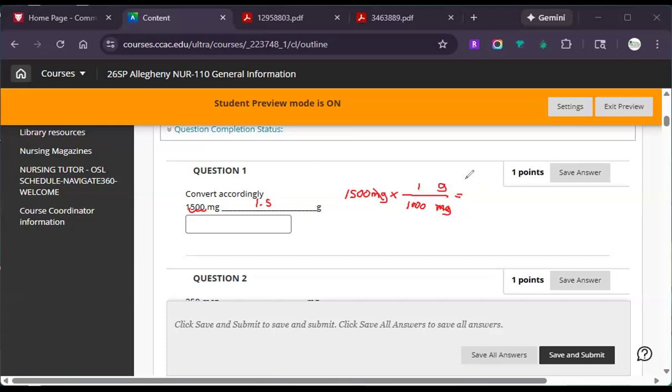So, 1500 divided by 1,000, and then I'm going to get 1.5. So I would put into the answer box here 1.5. Nothing else. Now, if you let it sit there a minute, it'll auto save. You can come back and change your answer, but just know it's going to auto save.